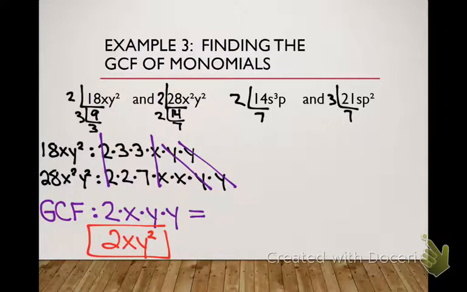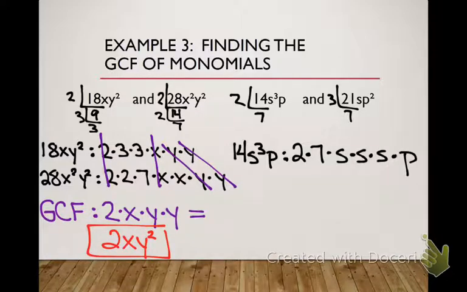All right, so now I'm going to list my prime factors. 14s to the third p is 2 times 7 times s times s times s times p. And then for 21sp squared, it's 3 times 7 times s, and how many p's? 2. Okay, so now let's pair them up.